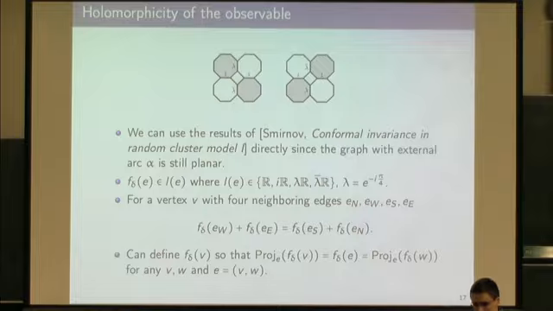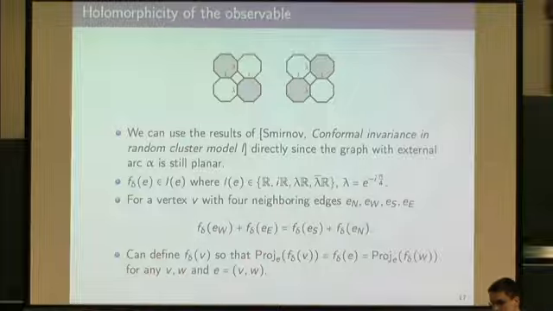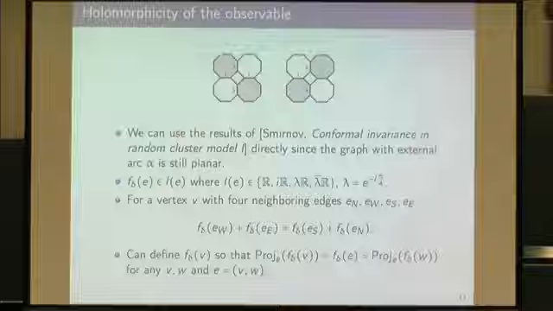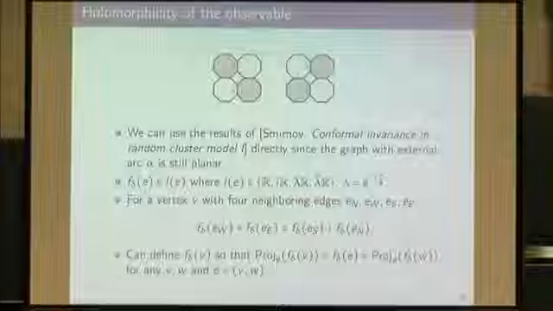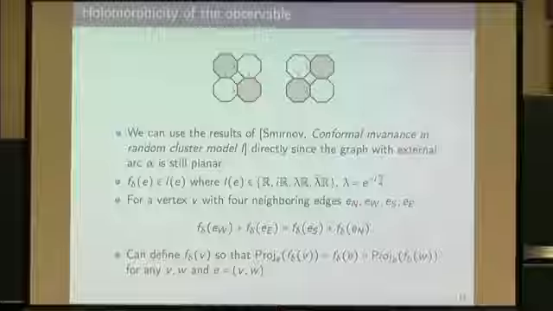Okay, and now we want to take the scaling limit of this, and we want to show the conformal invariance. So this follows just Smirnov's work. So the value of this observable on a certain edge is restricted to some line in the complex plane. So this is the first observation.